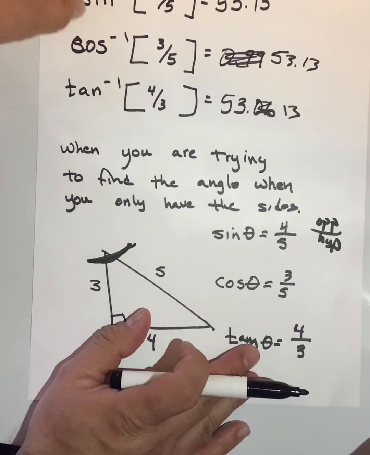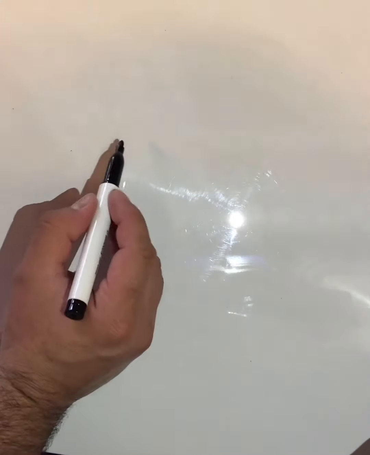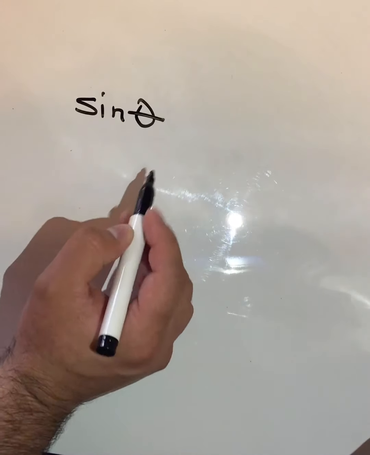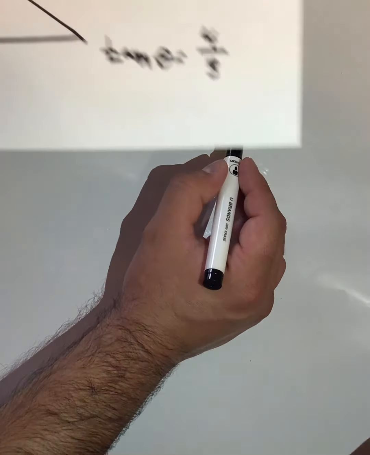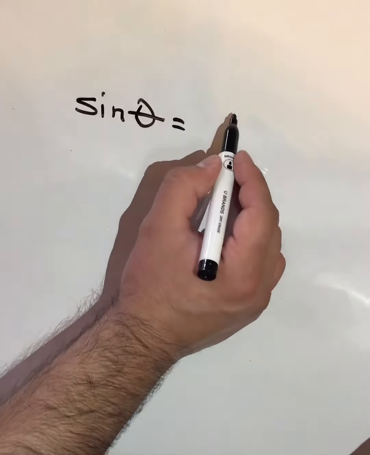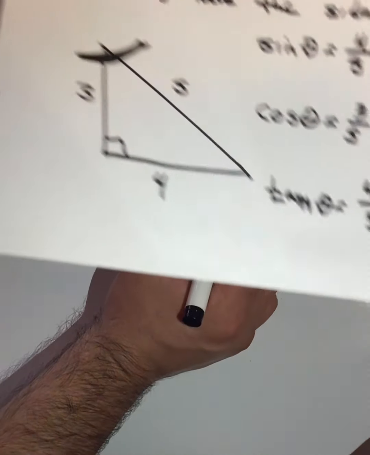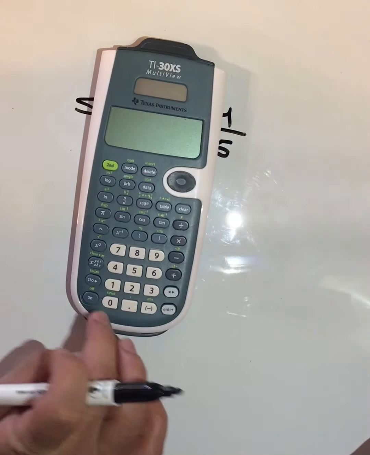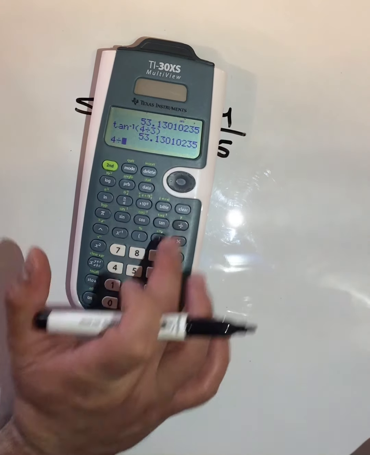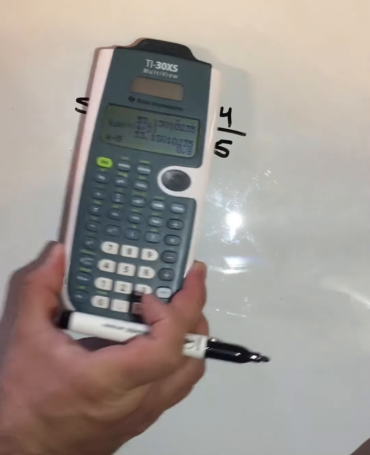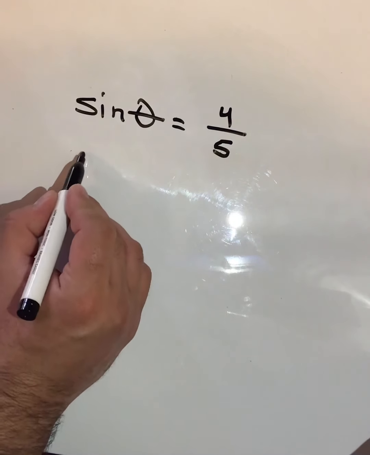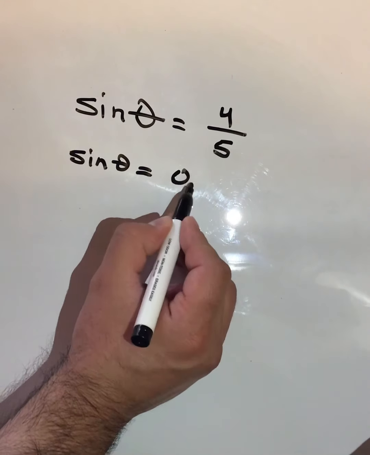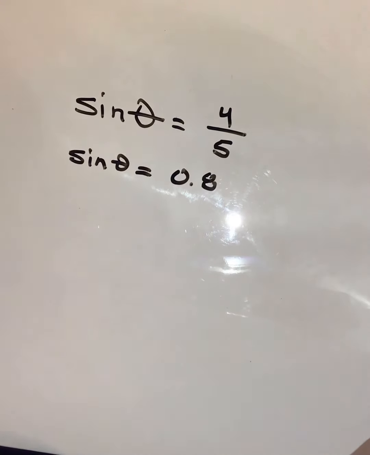It's going to look like this, guys: the sine of an angle is equal to the side opposite, which in this case is 4, divided by 5. So in my calculator, I'm going to do 4 divided by 5. That gives me 0.8. This is saying the sine of this angle must equal 0.8, the ratio of the two sides, right?